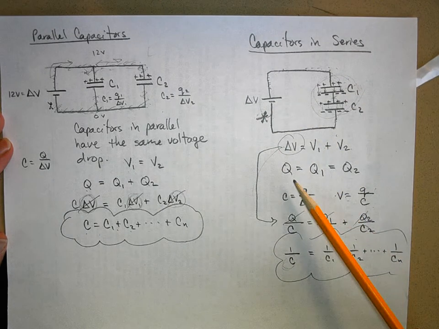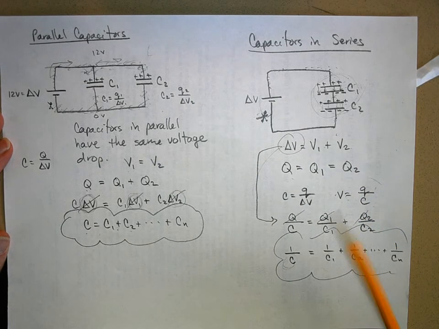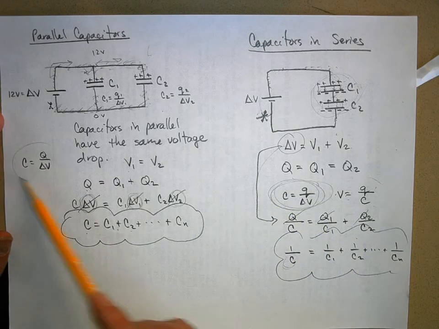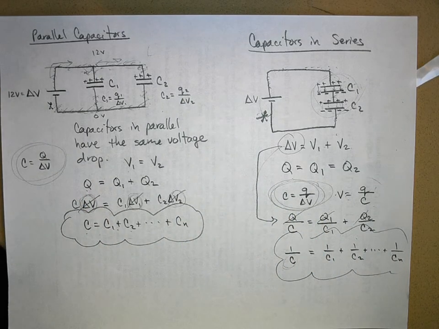But you use the same capacitance equation over here and over here to derive these. So if you ever get confused about whether it's 1 over C or C plus C, they're pretty easy to derive if you understand the physics of it. Okay? That is all.